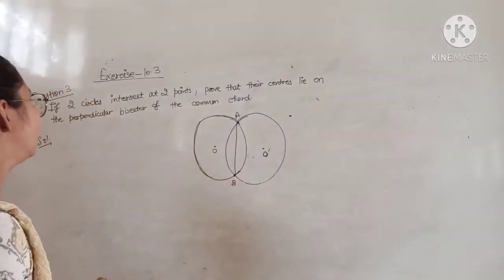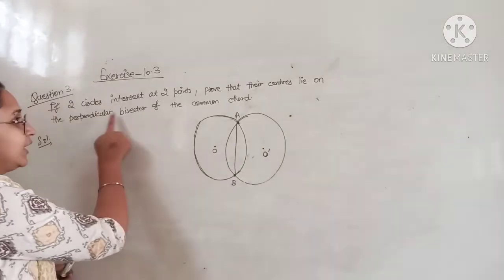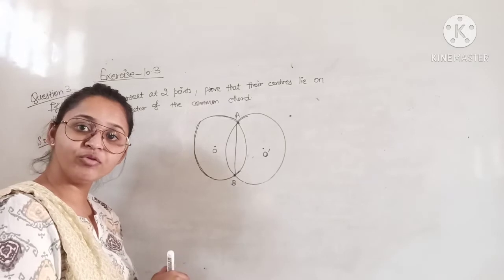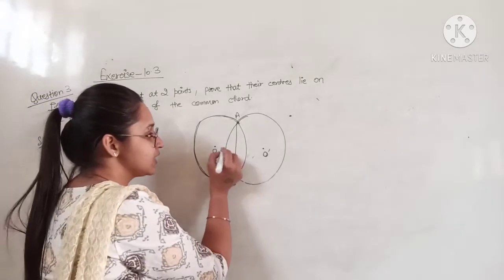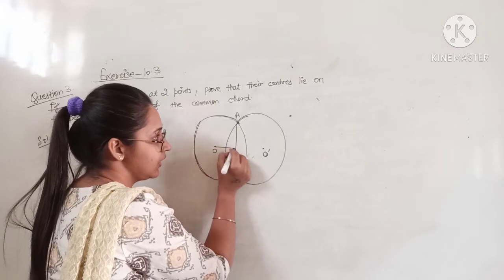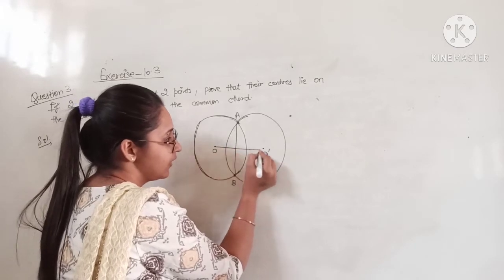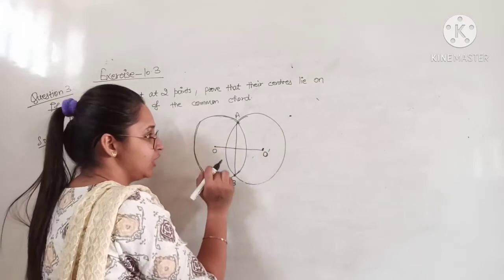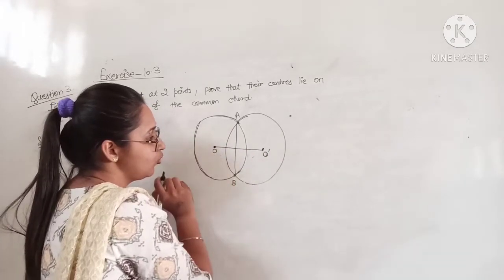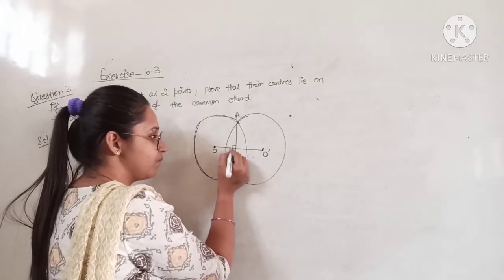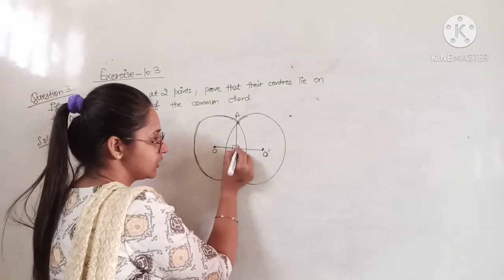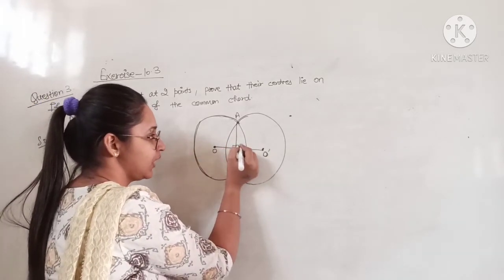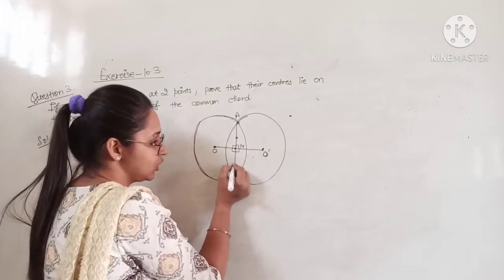Now, we have to prove that their centers lie on the perpendicular bisector of the common chord. What is the perpendicular bisector of the chord? It means a line that makes an angle of 90 degrees to the chord and is bisecting the chord. So we have to prove that this angle is 90 degrees, and if this is the point M, then AM is equal to BM.